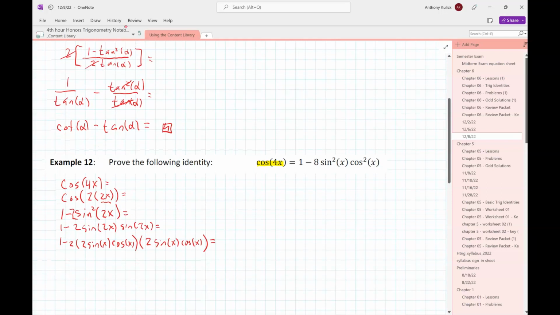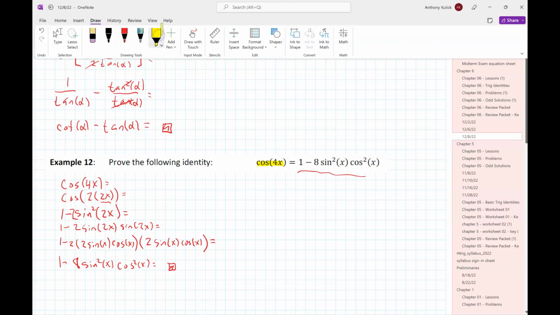This is all just stuff multiplied together, so I can multiply it in any order I want. So 2 times 2 times 2 is 8. Sine x times sine x is sine squared x. And cosine x times cosine x is cosine squared x. And that's exactly what we're looking for. So we're done.